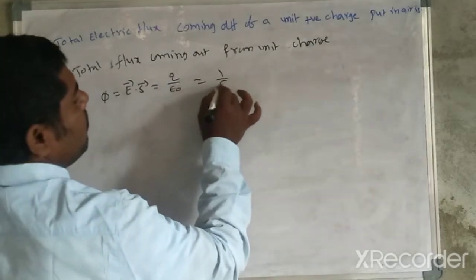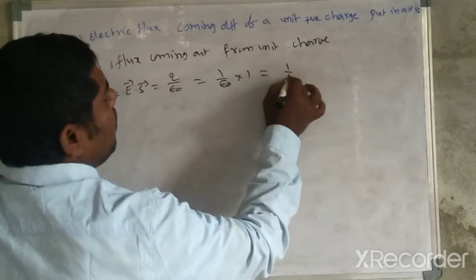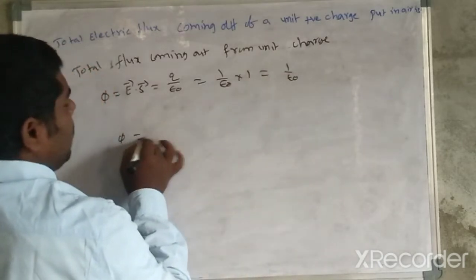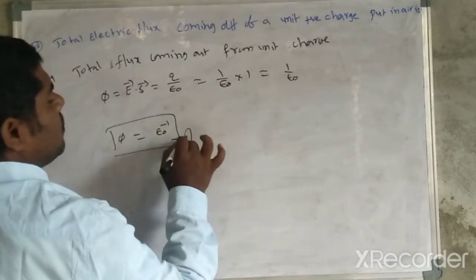Q charge value is 1, so that is 1 by epsilon naught. It means that flux is equal to epsilon naught inverse. This is the answer to the question.